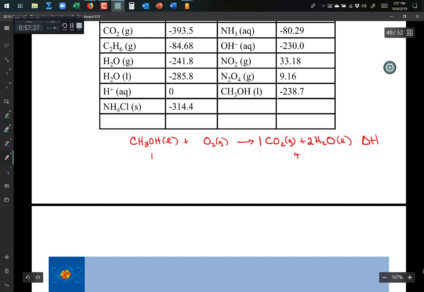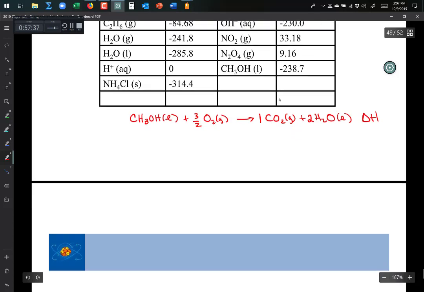There's 1, so I need 3 more. So this is the 3/2. So now what I'm going to do is double everything and get rid of that stupid coefficient. I'm going to have 2 CH3OH liquid plus 3 O2 gas makes 2 CO2 gases plus 4 H2O liquid.